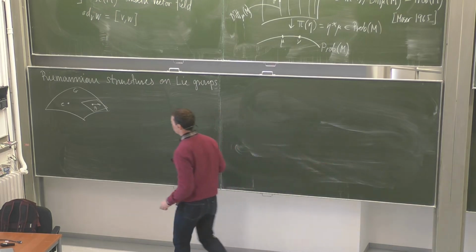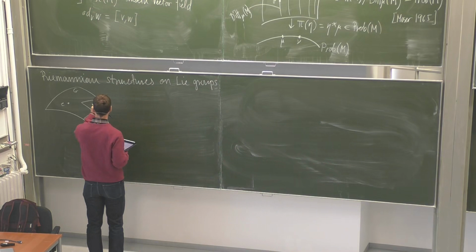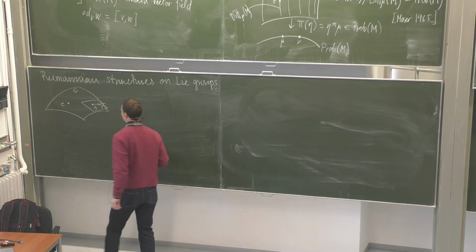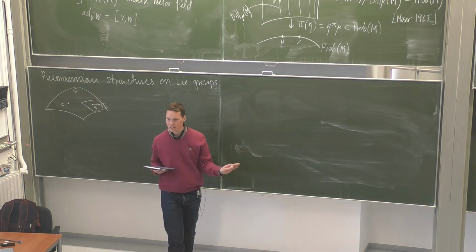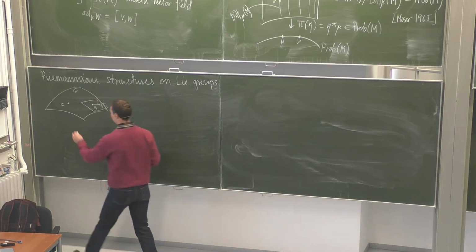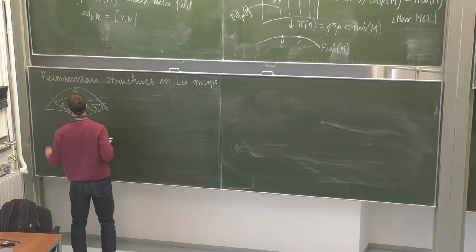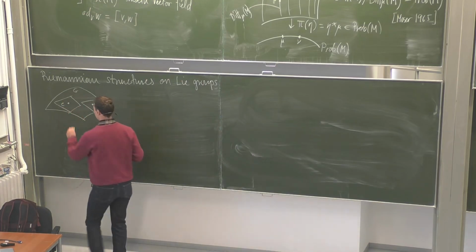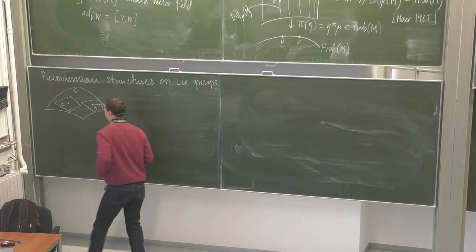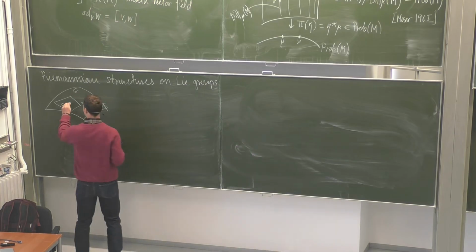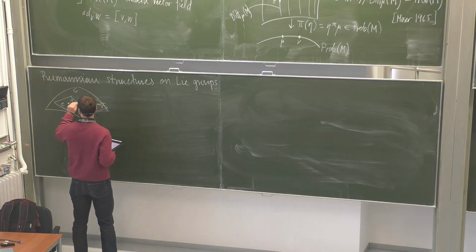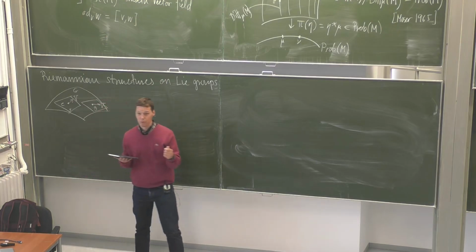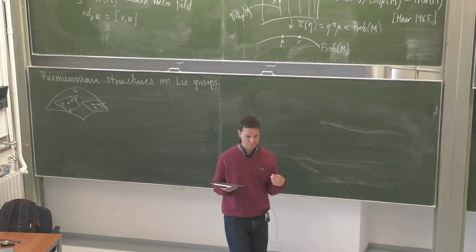Then you can take this vector, let's call it capital V, and you can translate it to any other tangent space you like. In particular, you can translate it to the tangent space at the identity, which is the Lie algebra. You can choose the action from the left or from the right.